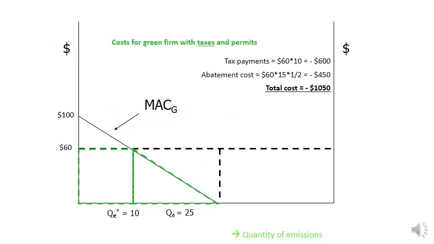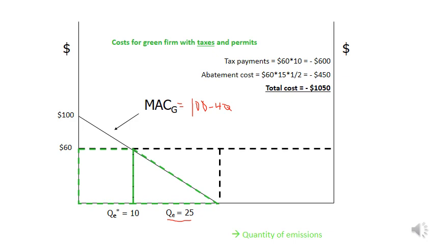So let's first explore taxing abatement for the green firm. And for this green firm, let's give them a marginal abatement cost function of 100 minus 4Q. So if they're emitting 25 units of pollution, meaning they're not abating anything, 100 minus 4 times 25, that marginal cost is 0.